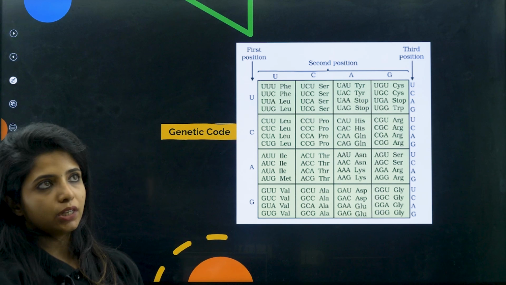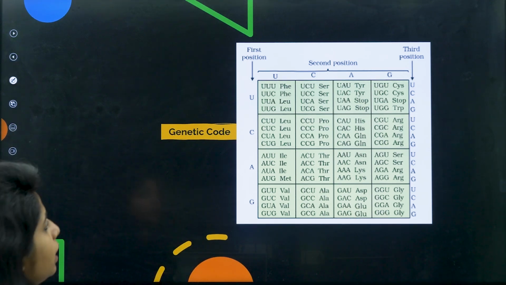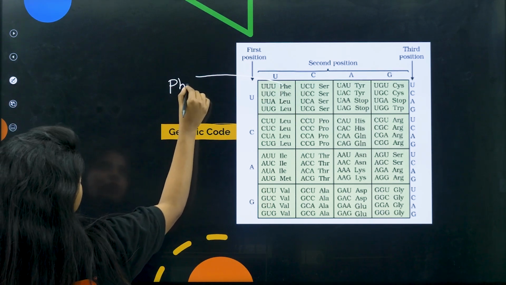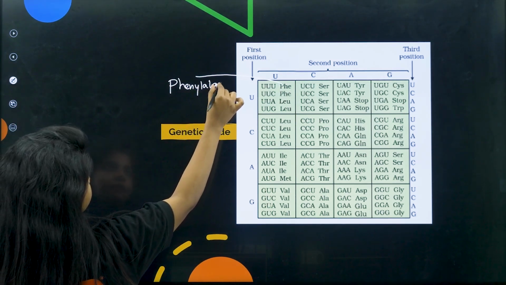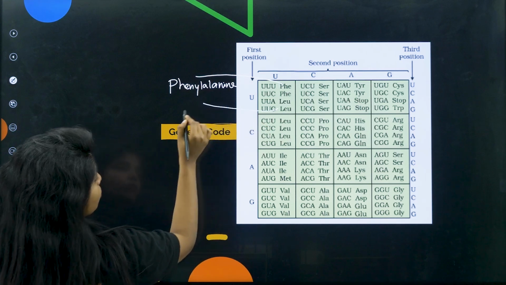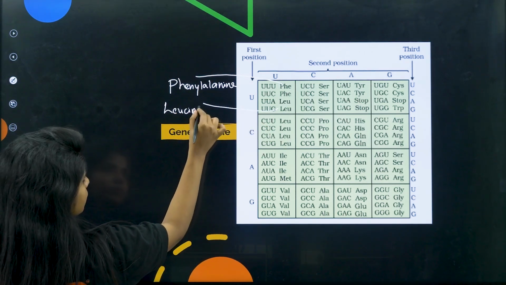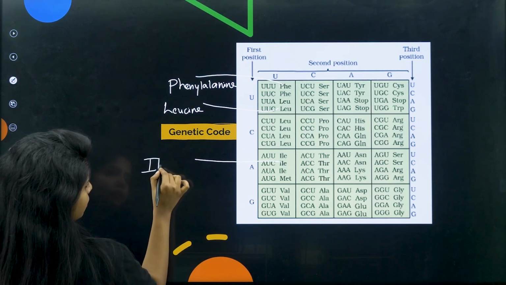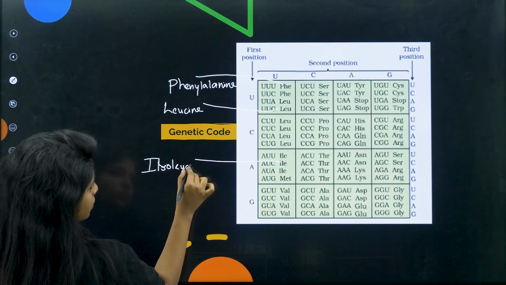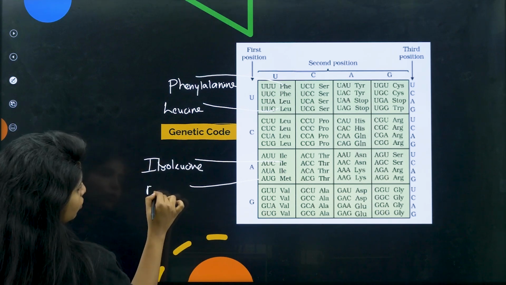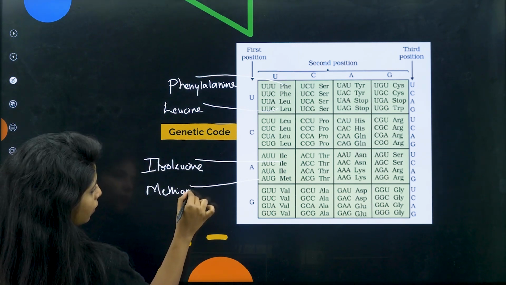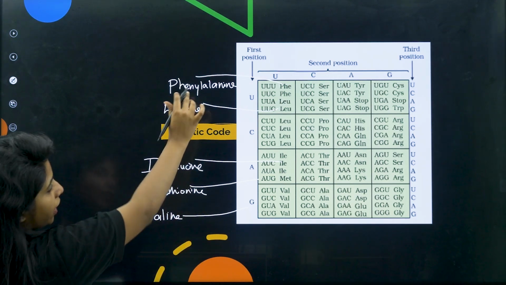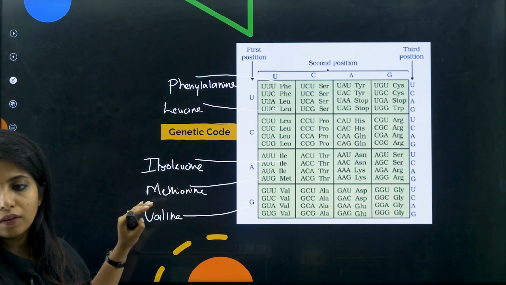LEU stands for leucine, and LEU goes up till here. Then you have isoleucine, ILE. This is your methionine; methionine has just one codon, as you can see. Now this is valine. So: phenylalanine, leucine, isoleucine, methionine, valine.